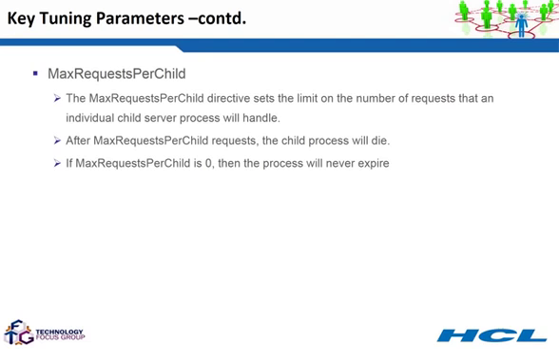Okay, so generally you may think that 0 is a good value, you don't want to create processes again and again. But if you have really long running HTTP servers, and if you feel that there might be some memory leaks, or for some reason your servers are getting hung up or slow because of extra memory, you may try some experimentation with this value and try to create a new process after some time, maybe after some requests are served, depending upon your application load, of course.